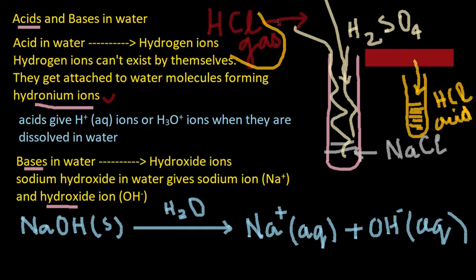That is why dry hydrogen chloride gas does not show any change in color of the indicator, while hydrochloric acid, that is an aqueous solution of the acid, shows a change in color of the indicator.